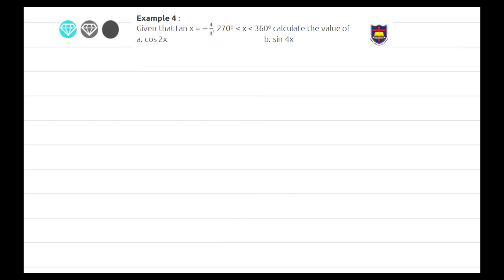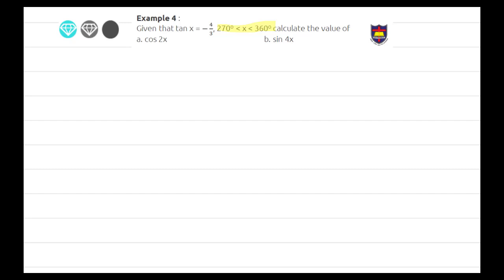So this is the answer for example 4. Tangent x equals minus 4 over 3. Here it lies on what quadrant? This is quadrant 4. So later we need to calculate the ratio of cos 2x and then sine 4x.